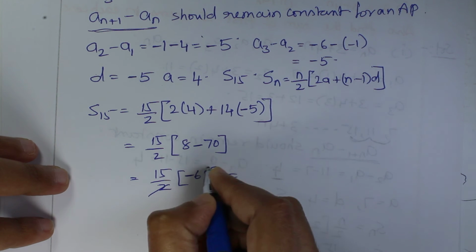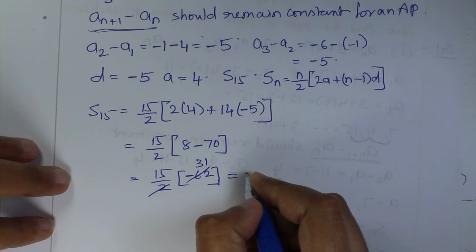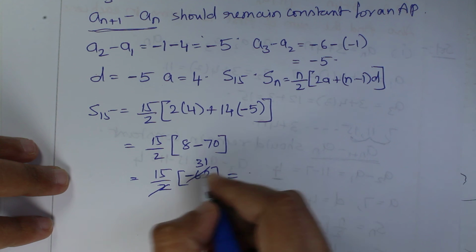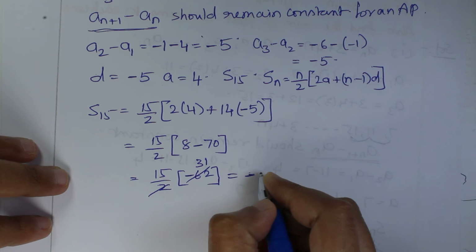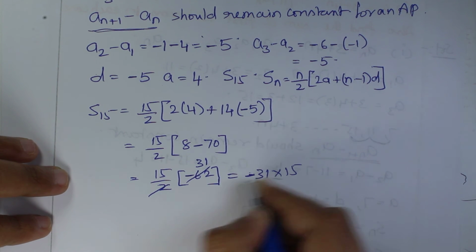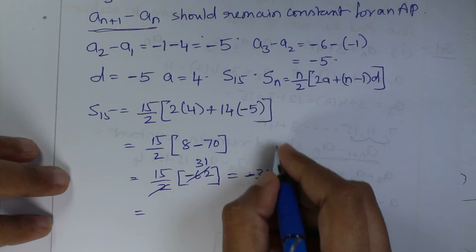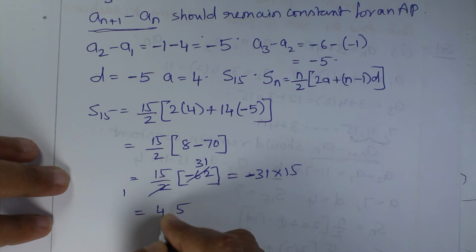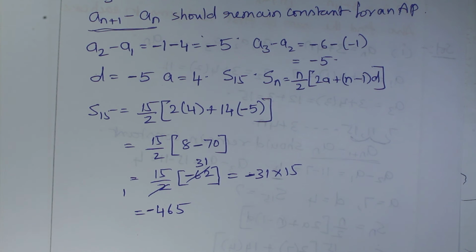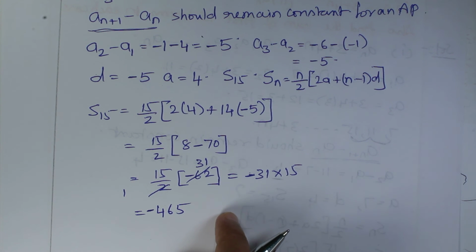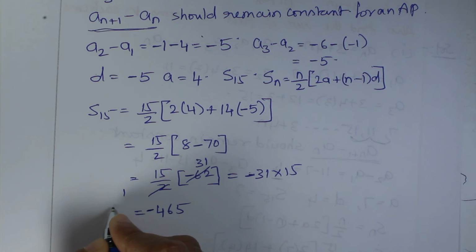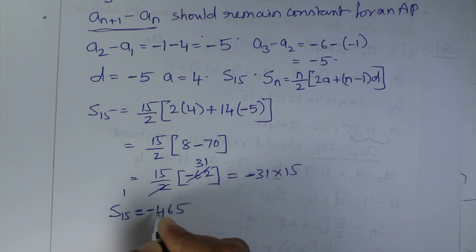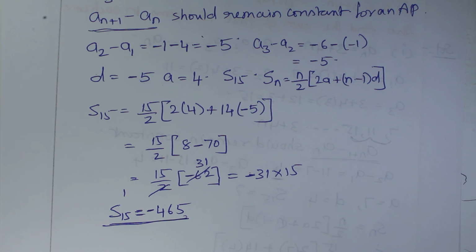That is minus 31 into 15. 15 1s are 15, 15 3s are 45, so that is minus 465. So this is the sum of the first 15 terms of this arithmetic progression. S15 is equal to minus 465. Hope this is clear for you.